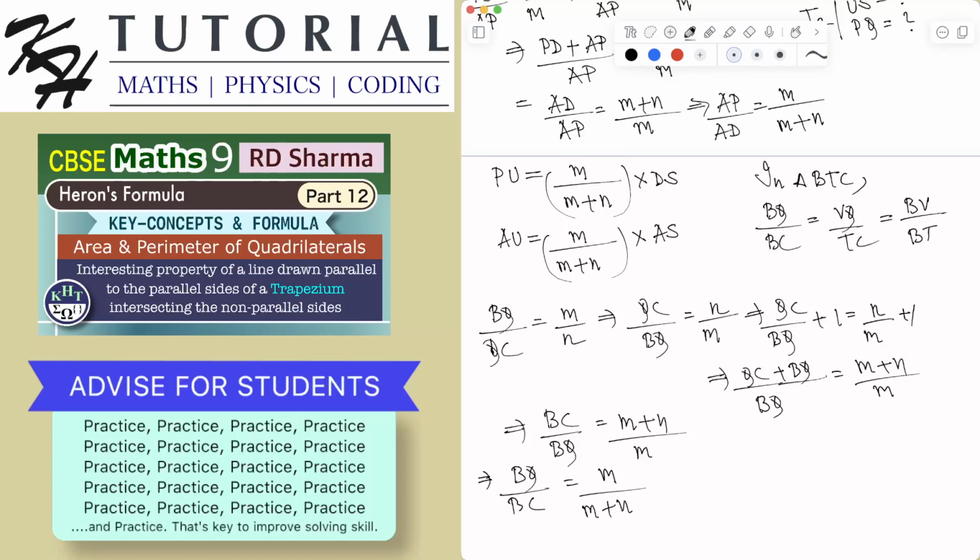Let M by M plus N be equal to K, so it will be easy to write the steps. Now BQ by BC is equal to VQ by TC, which is equal to K.